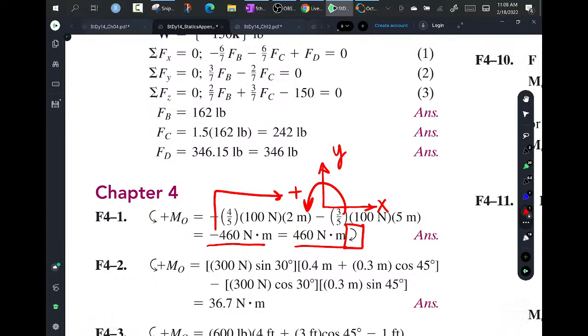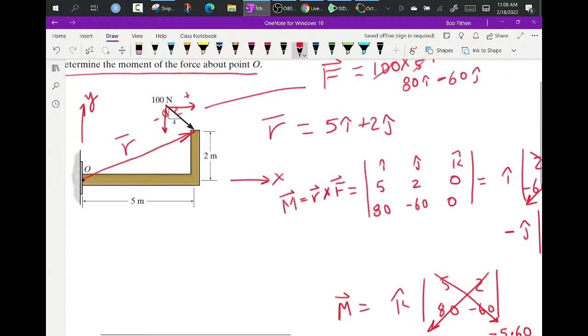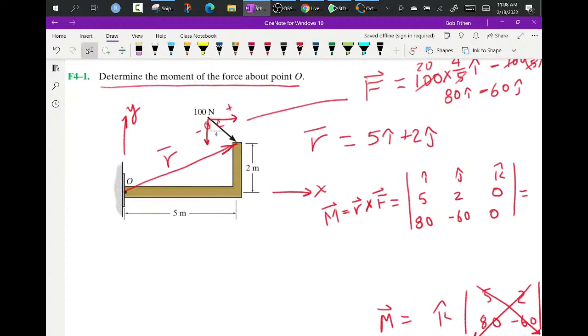Now, I'm going to do something kind of interesting. Now that we have the answer, we could stop here, or I could use this example to show a couple of other interesting aspects here.